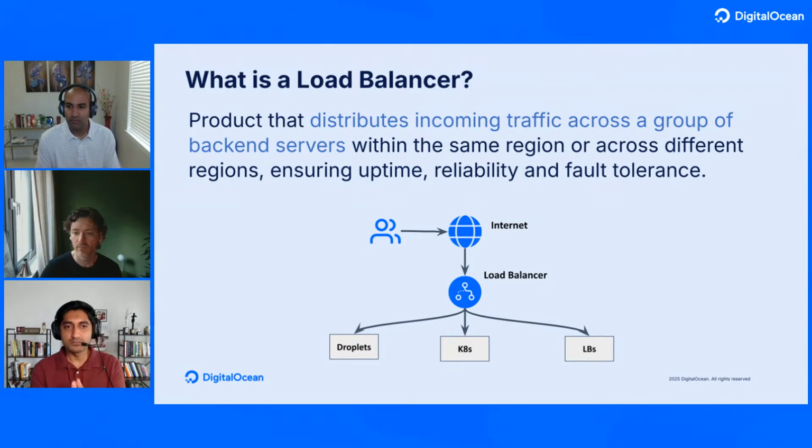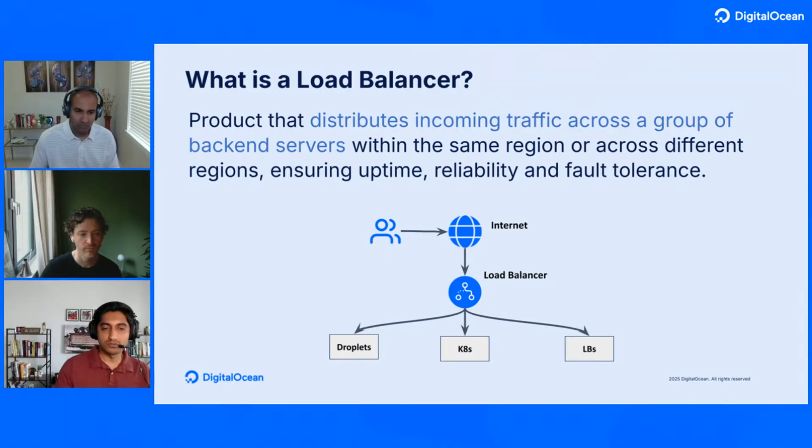These backend servers can be within the same region or located in different regions. Every time you face a situation where your application traffic is being hit by thousands and thousands of users, whether during peak times alone or as a consistent amount of heavy traffic, you need to scale your workloads and distribute the traffic across those workloads in order to sustain the incoming traffic.